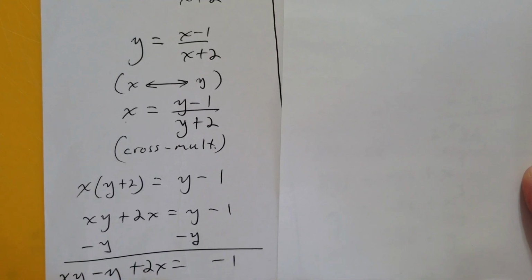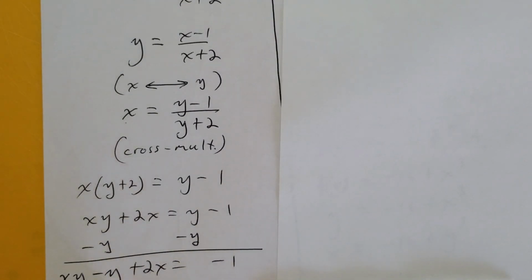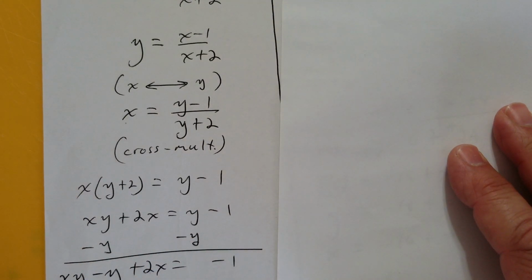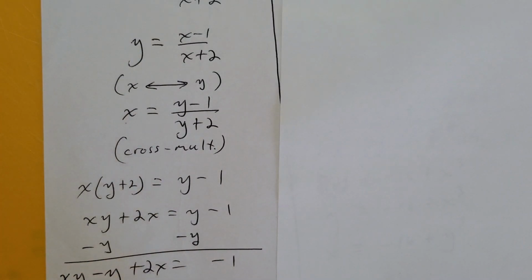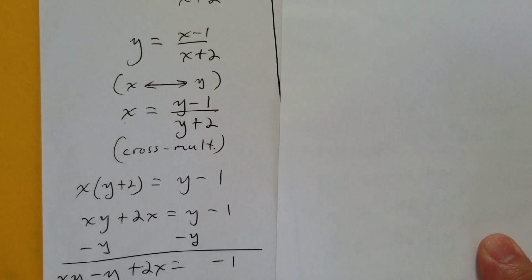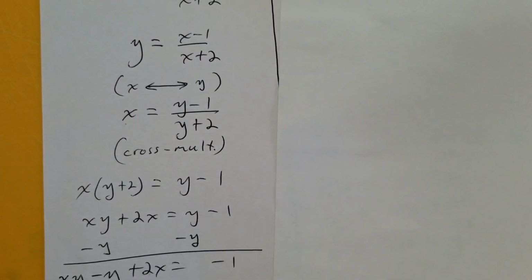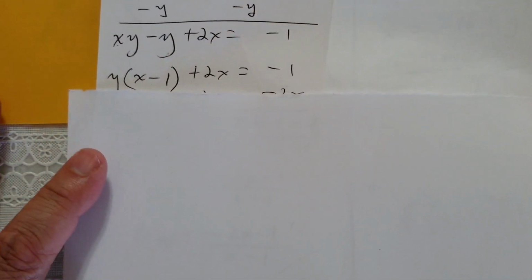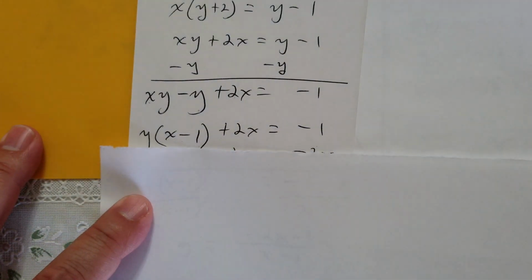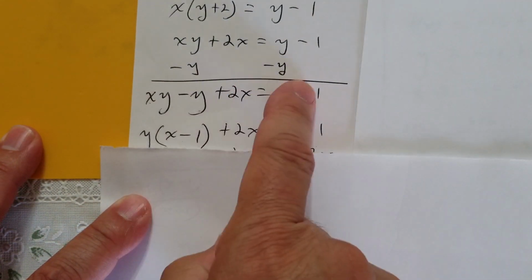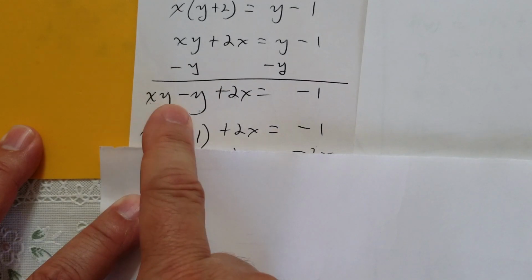And now what? I got two y's here. Well, factor out the y. Take out the y, and you get x minus 1. Sorry. So I brought the y to this side, and I got xy minus y.